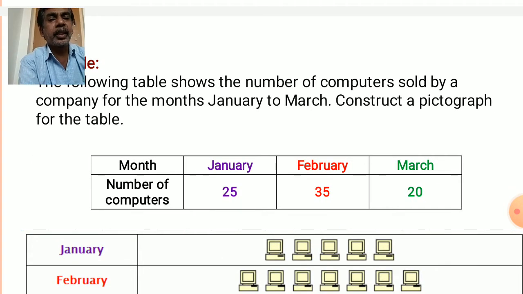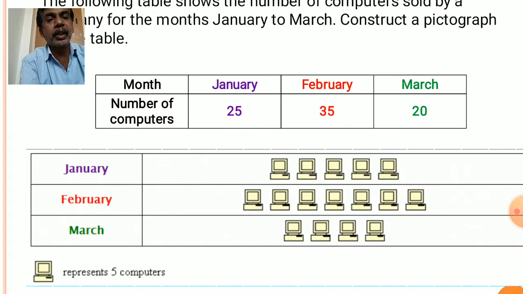Different months are given, and each month has a number of computers sold. In the month of January, a total of 25 computers had been sold, in February 35, and in March 20 computers had been sold.